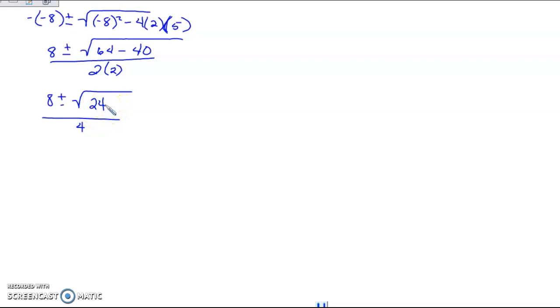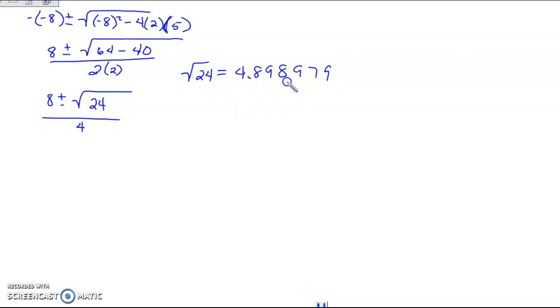Now, I take a look at this and I know that 24 is not a perfect square. And remember the instructions said round to the nearest thousandths. So I'm going to take 24 and find the square root of it. And so the square root of 24 is 4.8989979, and we need to go to the thousandths.